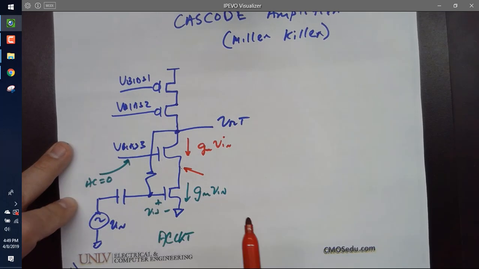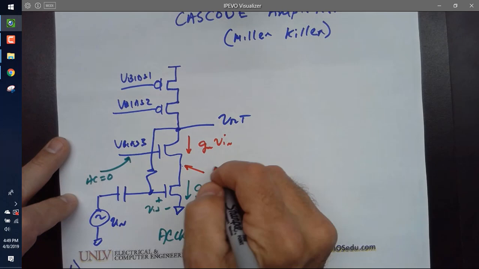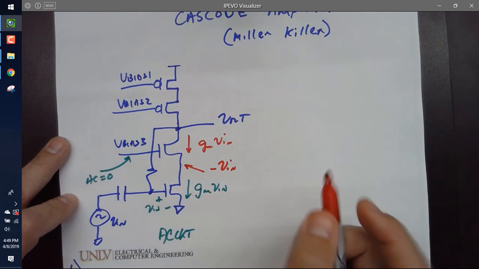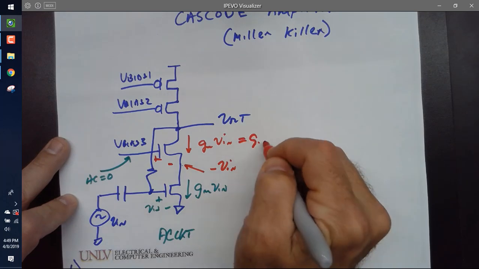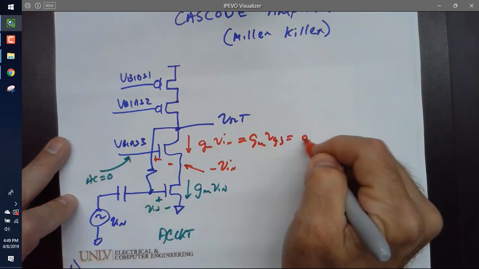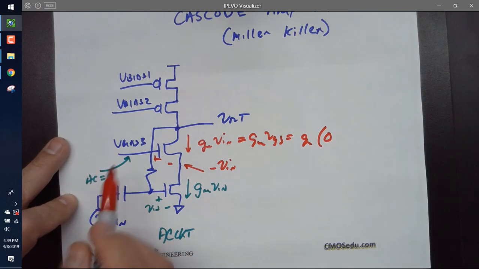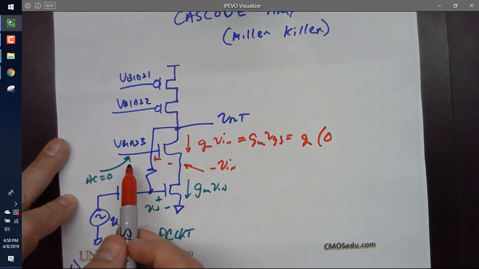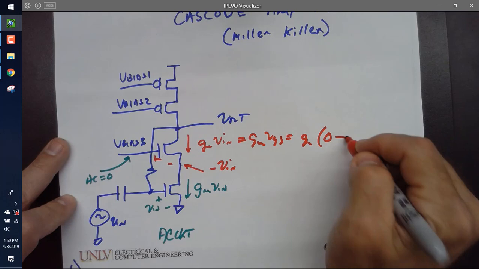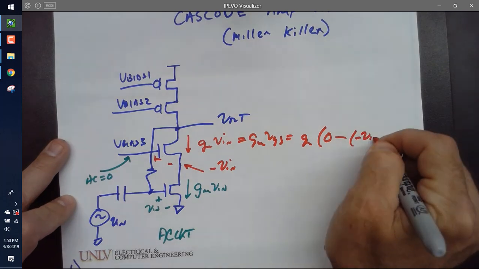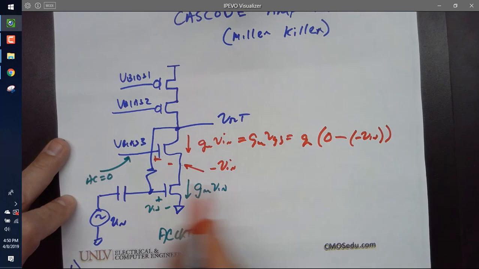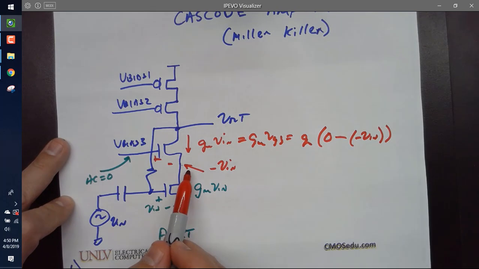What is that AC voltage? Correct, minus VN. Because the VGS here is GM times the gate voltage, which is 0, minus VN. And so doesn't that voltage have to be minus VN?